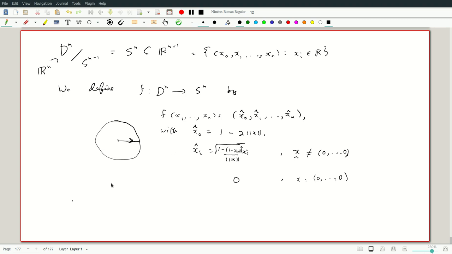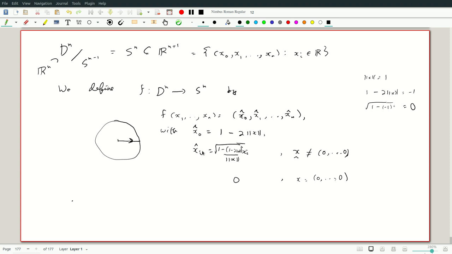On the boundary, we can see that the entire boundary is mapped to, well, if norm x equals 1, 1 minus 2 norm x equals minus 1. Okay, and so square root of 1 minus 1, the whole squared, so this is 1 minus 1 is 0.